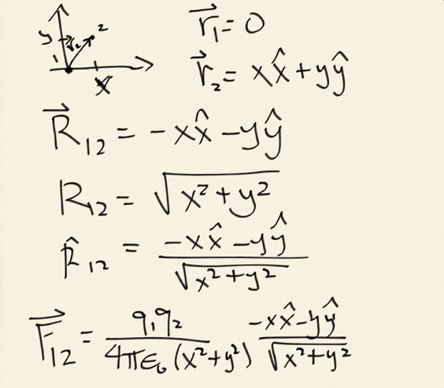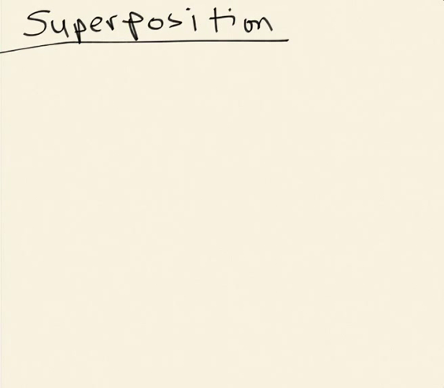All right, let me squeeze in one more concept in this online lecture, and then I'll stop. And that concept is what happens if there's more than one particle. That's the concept of superposition. This is the same word we use when talking about waves on a string. It turns out that if I have 3 particles, so here's 1, 2, 3, all I do is just add the forces as if the other particles weren't there.